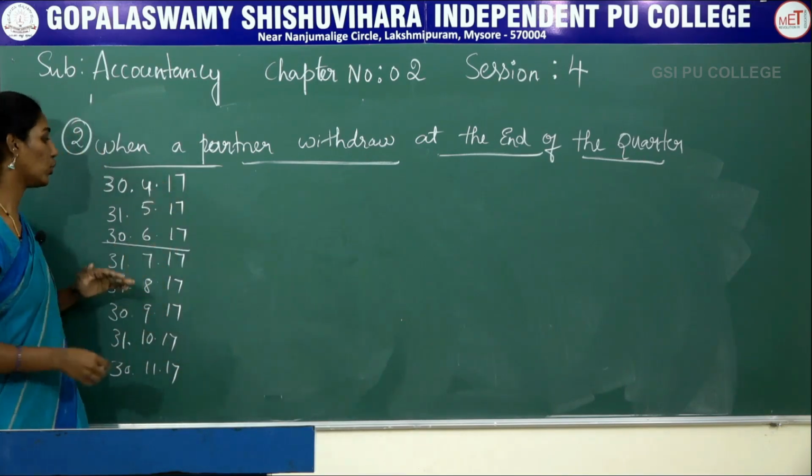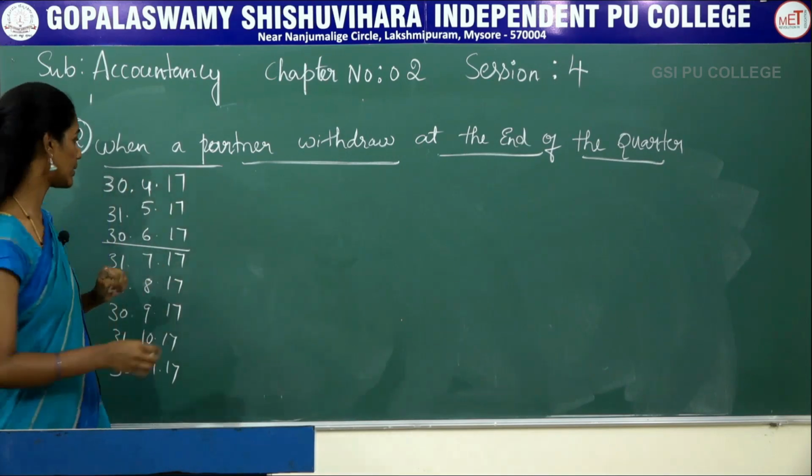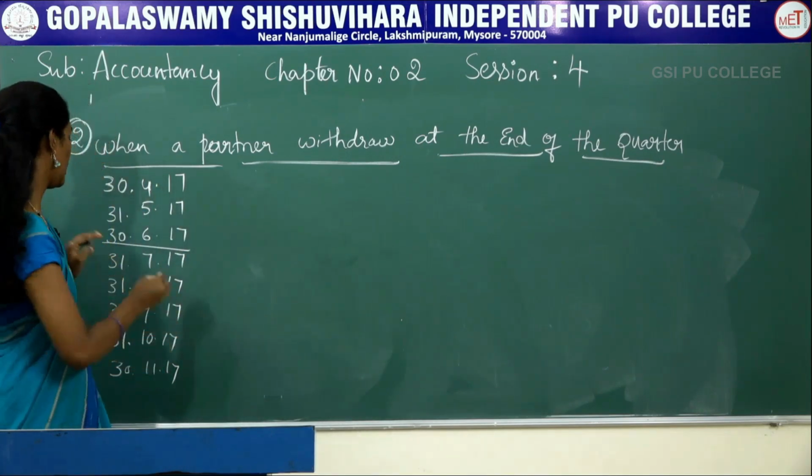Here you already know in a year there are 4 quarters, each quarter has 3 months.